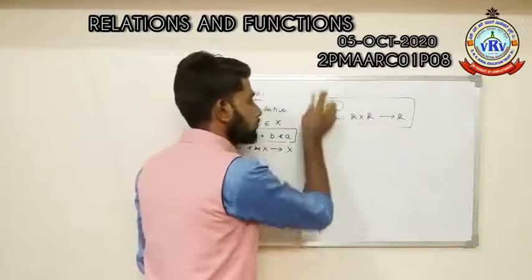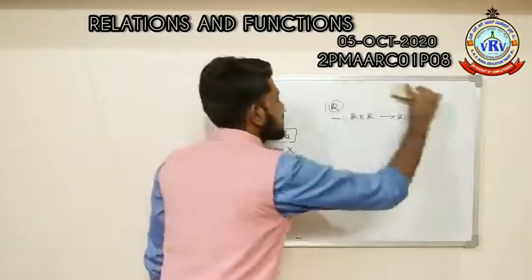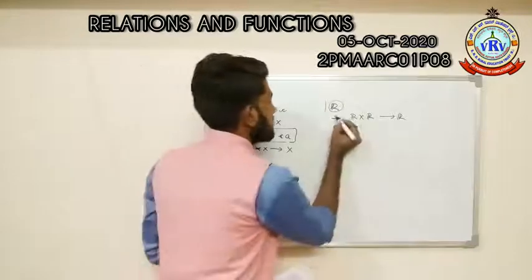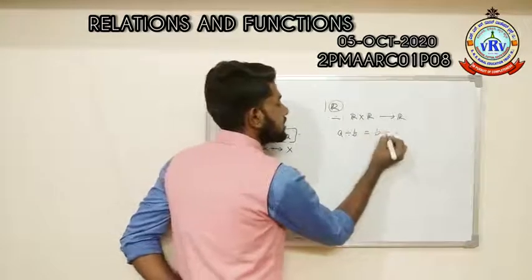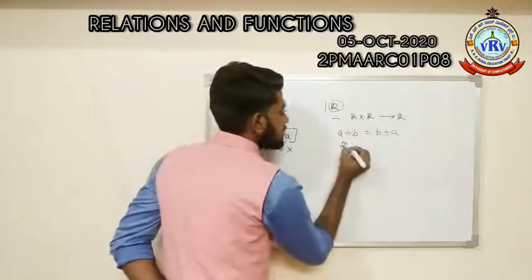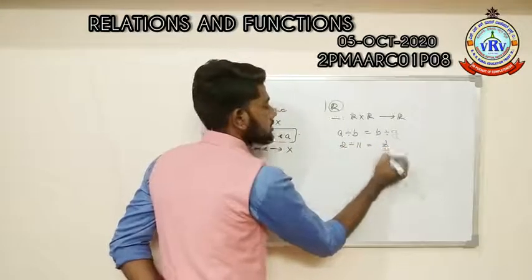You can also check for the division. Division is also not commutative on the set R. To prove the commutative property, A divided by B should be equal to B divided by A. I am considering 2 divided by 11, A is 2, so it looks like 2 by 11.